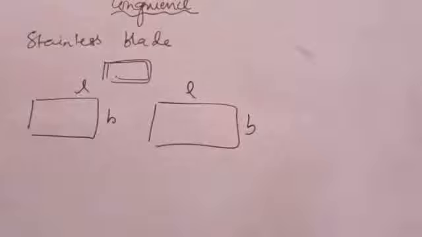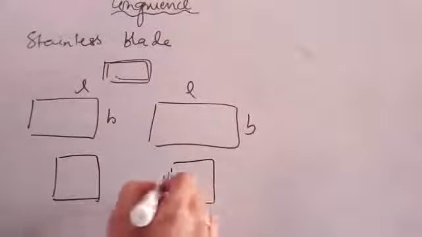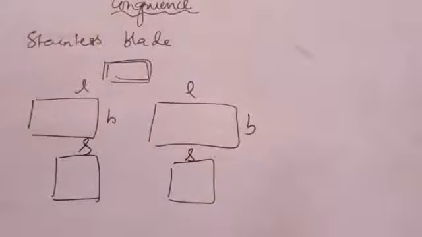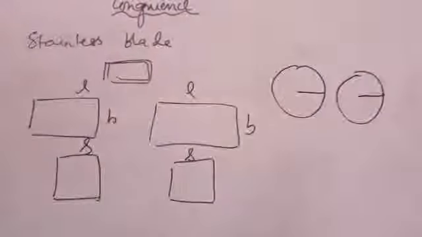The length of the two should be equal to each other and the breadth of the two should be equal to each other. If we talk about the square, the side of the square should be the same in both of them, then only they are going to overlap. You talk about a circle, the radius of the two circles should be the same, then only they are going to overlap.